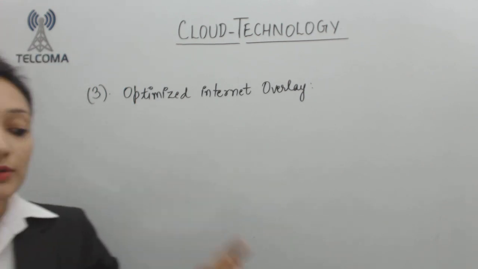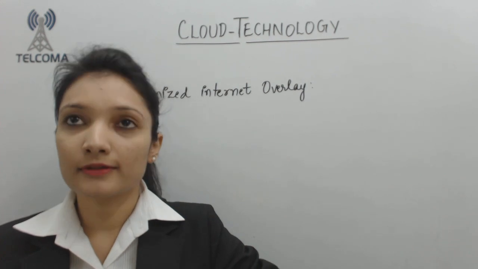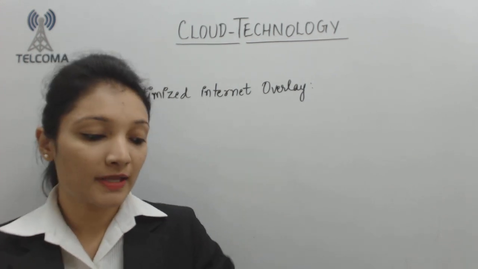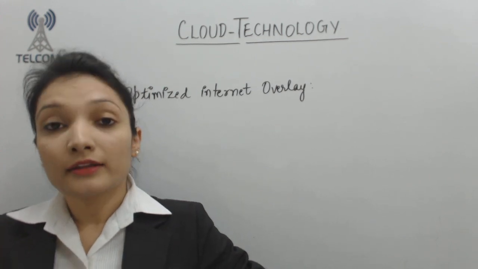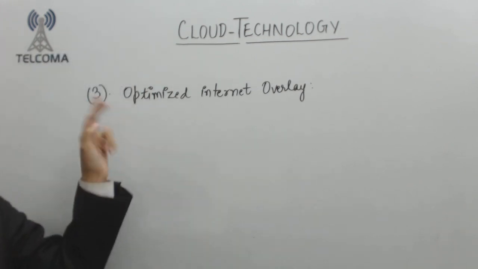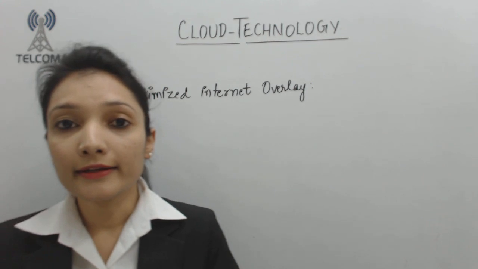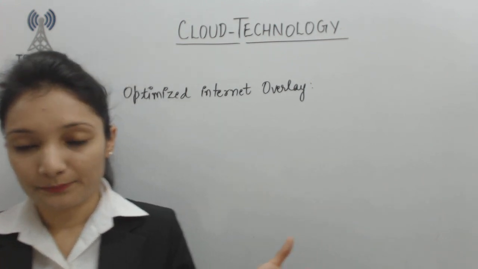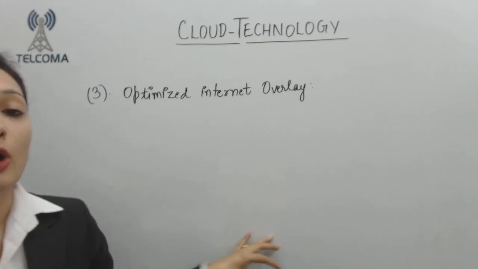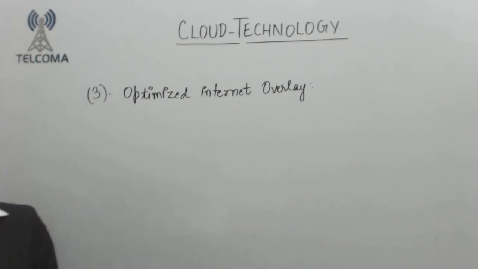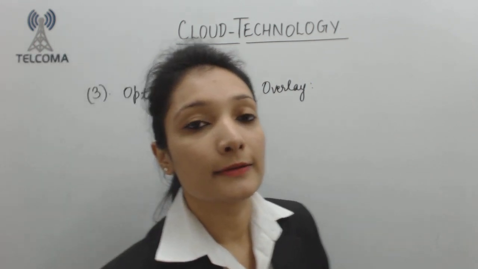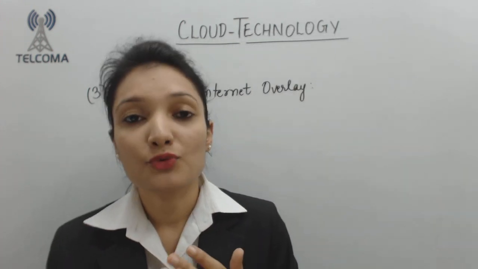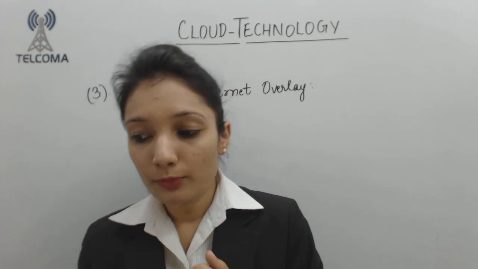That means the user is able to access the services through the basic public internet, but the optimized enhancements are occurring at the provider's end, that means the cloud provider end. So this is how it acts as an optimized service, because you as the user will be just using the basic internet, but there will be some enhancement which will be available at the cloud provider.